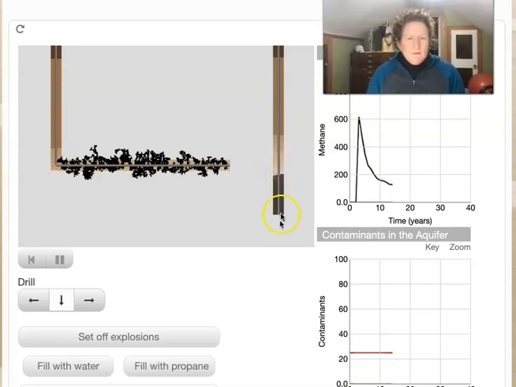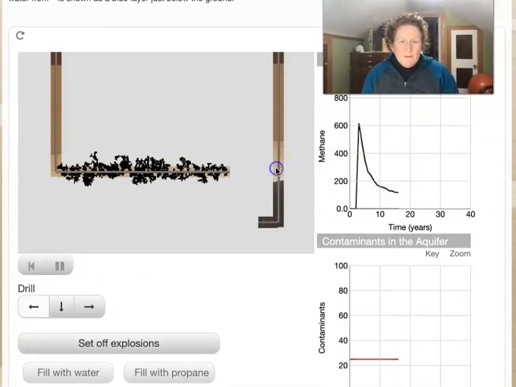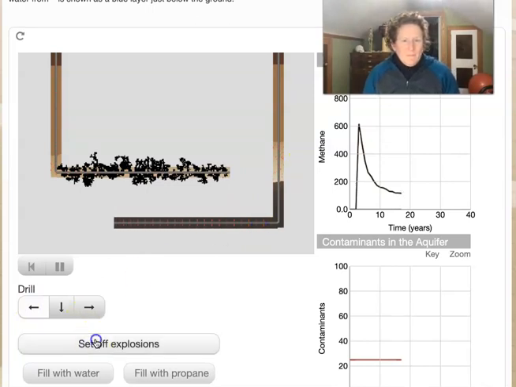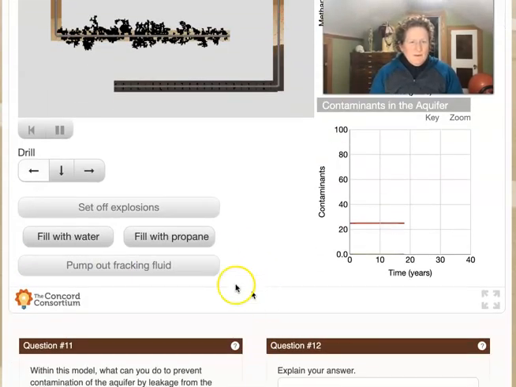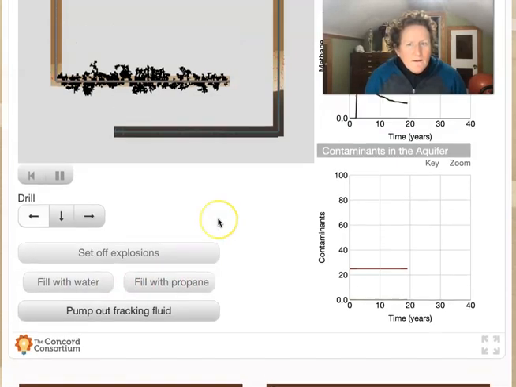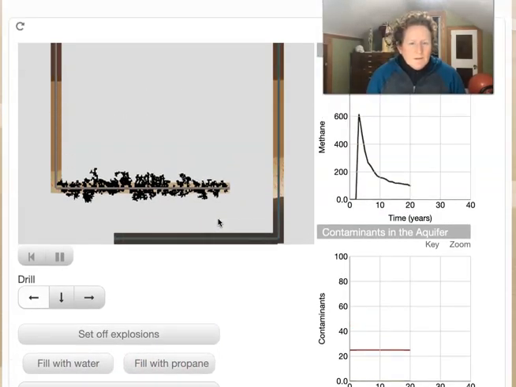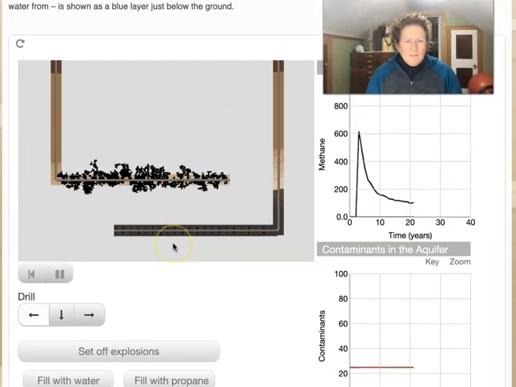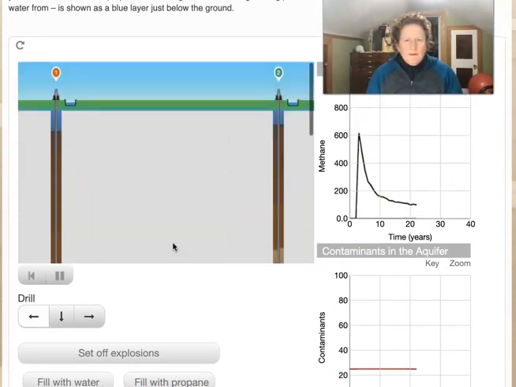I can't go back up, and I can't drill sideways from where I want to go. Let's see if we can get any. We're not going to get much methane out of this one. Probably not going to get any.